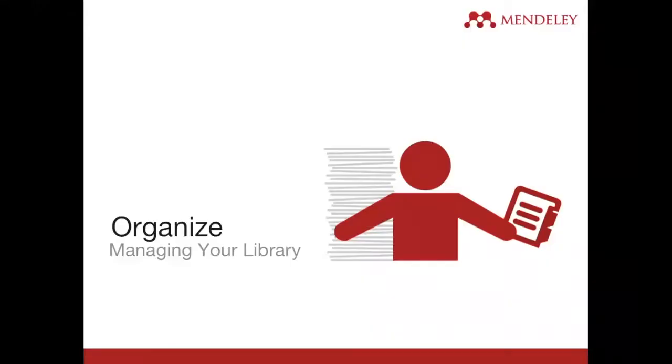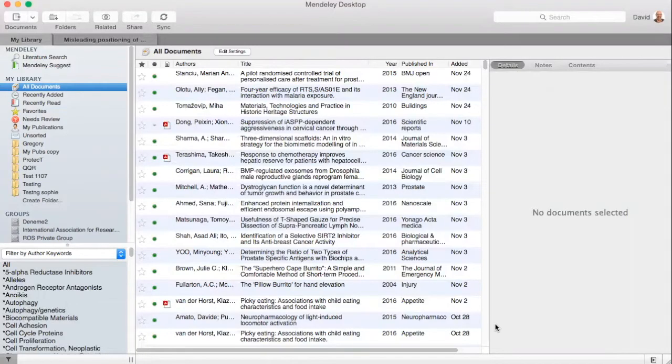Now that you're familiar with adding references to your library, let's talk about how you can add order to and structure your library. Mendeley Desktop's interface is fairly intuitive, especially if you're familiar with programs like iTunes or even Gmail. The left-hand panel offers a number of different options to help filter your document list to exactly what you need to find.